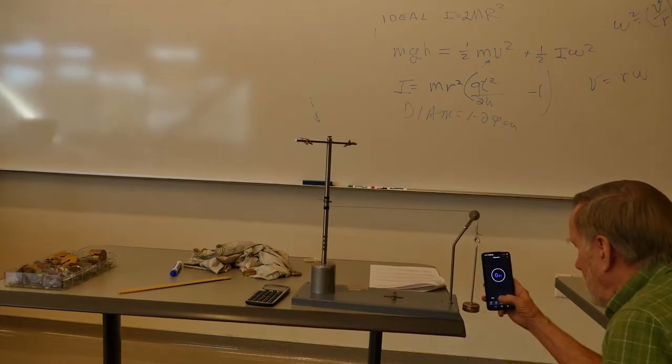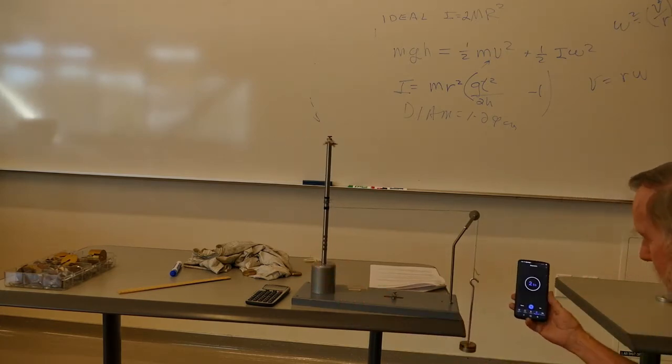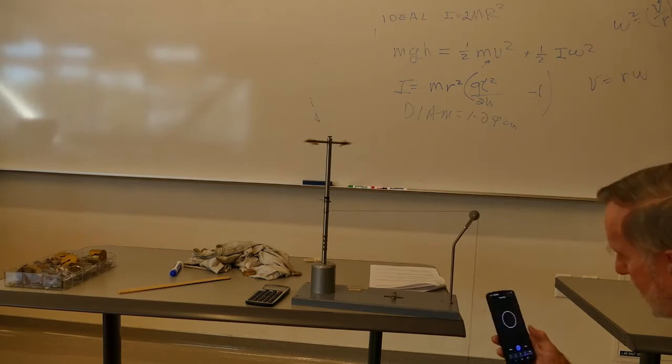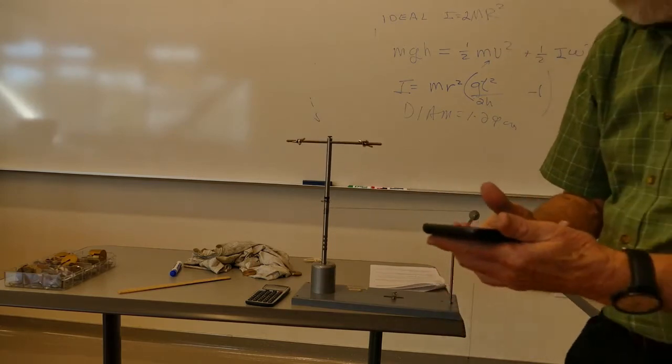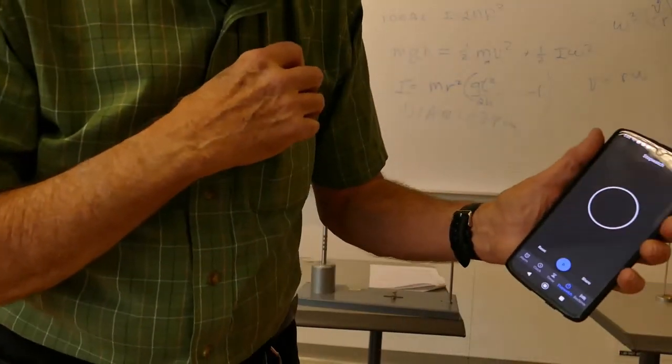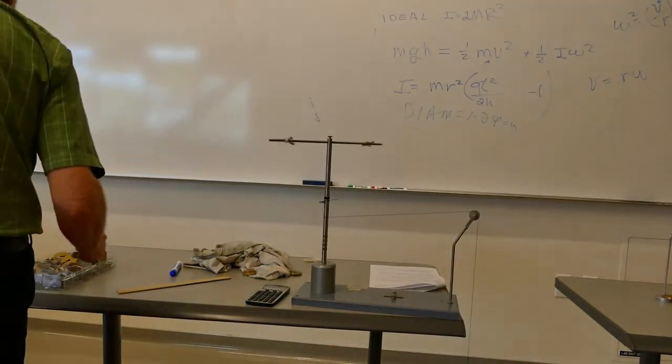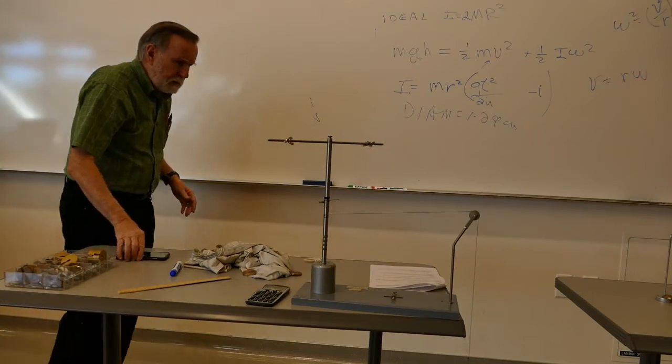And go. I have to be careful to stop it at exactly the point it hits the ground. You can't see that, but that's what I did. So now I'm getting a time of 7.46 seconds. So we need to write that time.